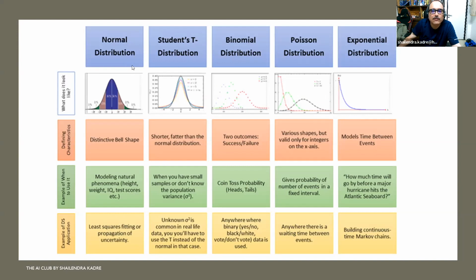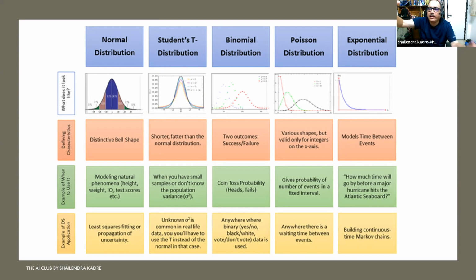These are very commonly occurring distributions. The bell curve I told you about is a perfect inverted bell. That is called normal distribution. So many naturally occurring phenomena follow the bell distribution, like height, weight, IQ of a person.